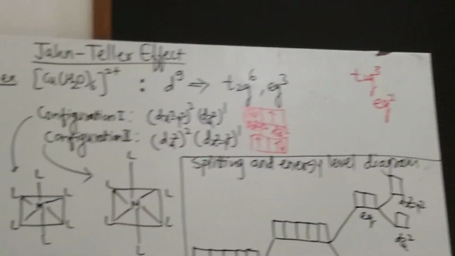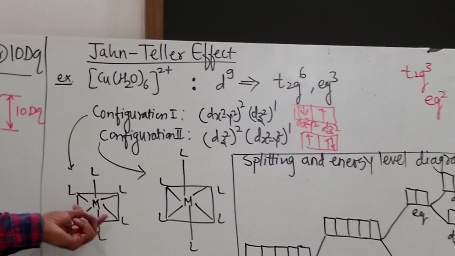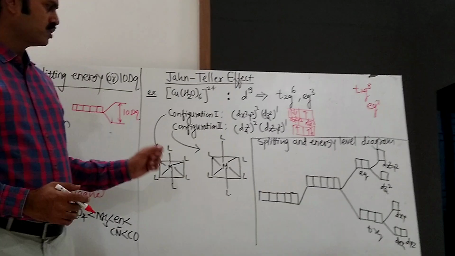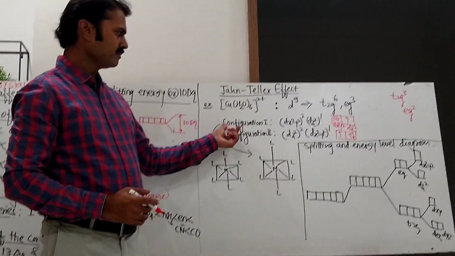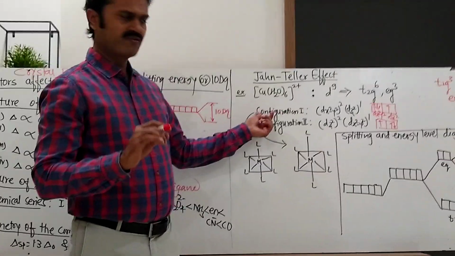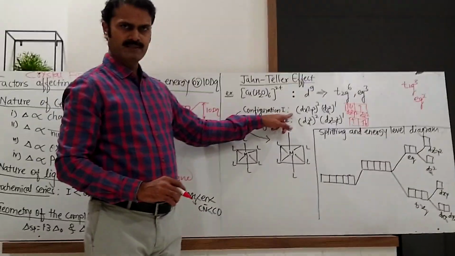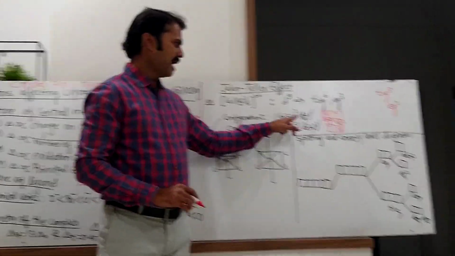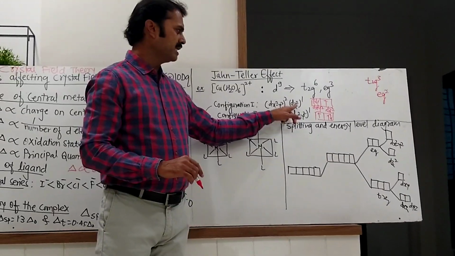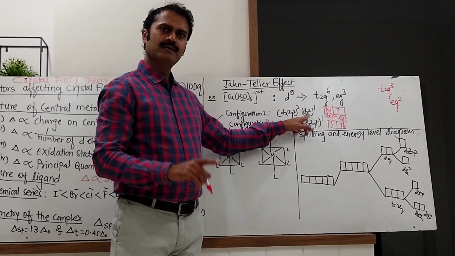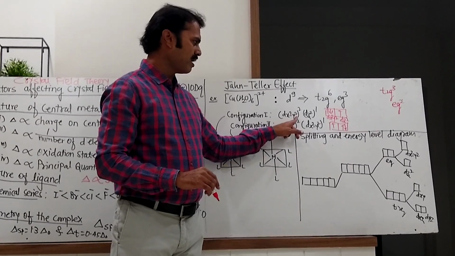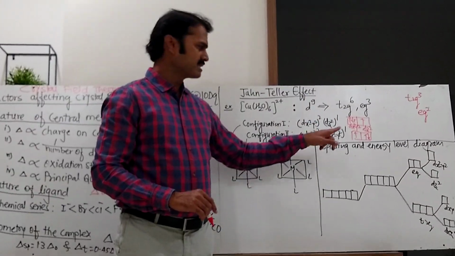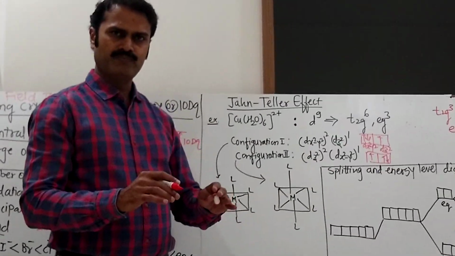Let us discuss the effect of these 2 configurations on the geometry of the complex. In the first configuration, there is only 1 electron in the dz2 orbital, so compared to x and y, the number of electrons along the z axis is less.